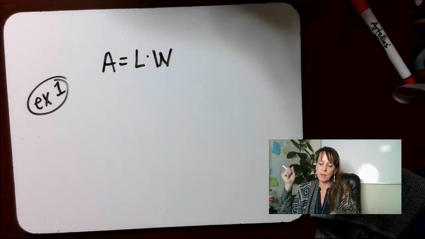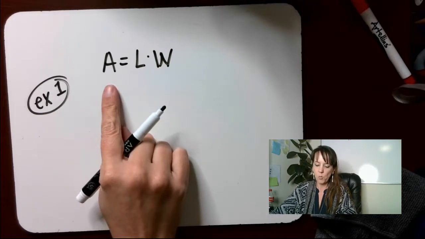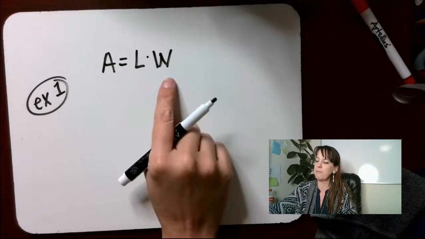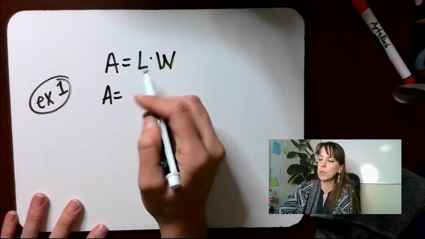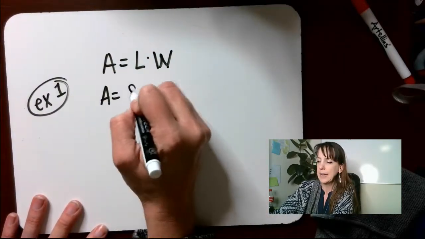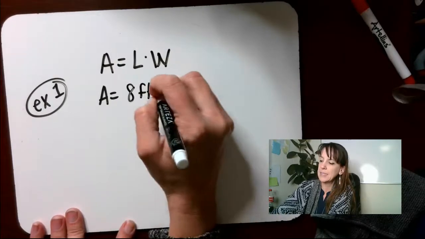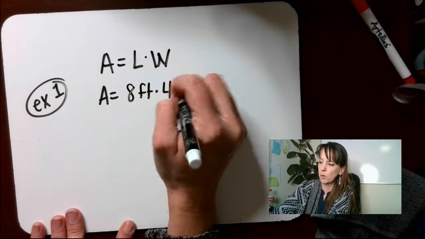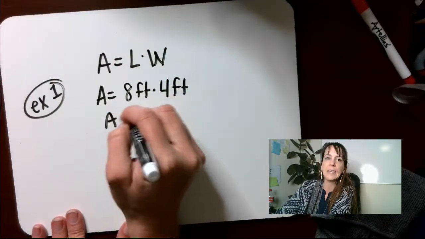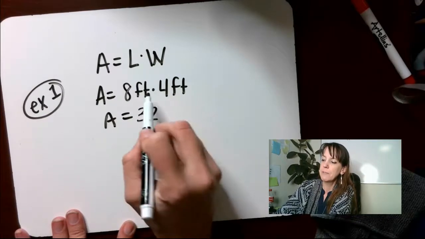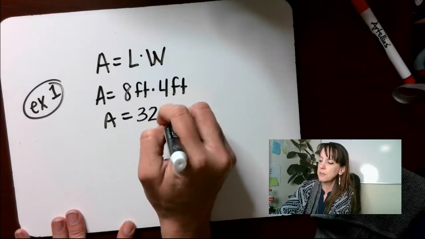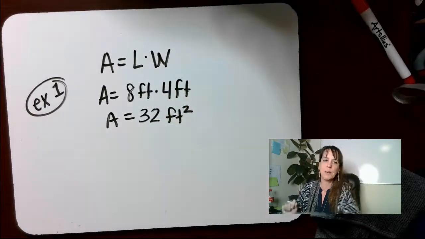It says find the A when L is 8 feet and W is 4 feet. So A equals, we're going to replace L with 8 feet times W, which is 4 feet. When we do that, we get A equals 8 times 4, 32. Feet times feet gives us feet squared. So that would be our area.